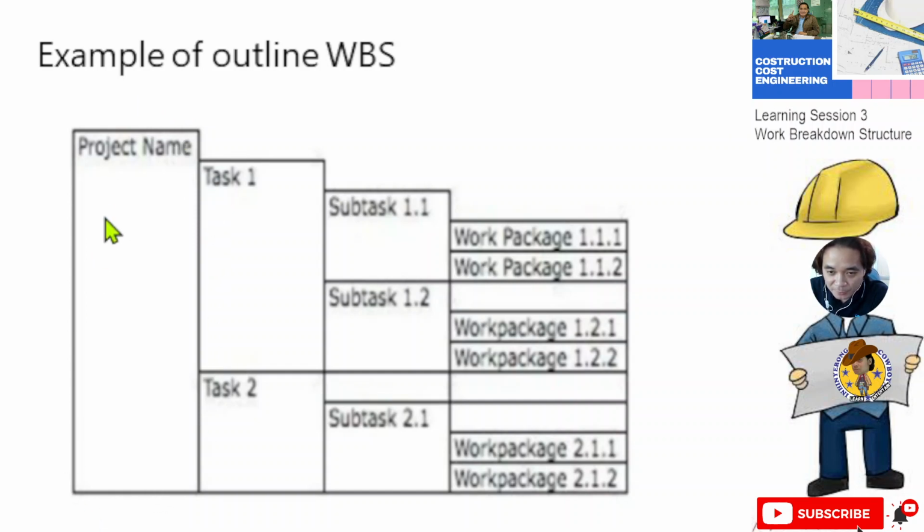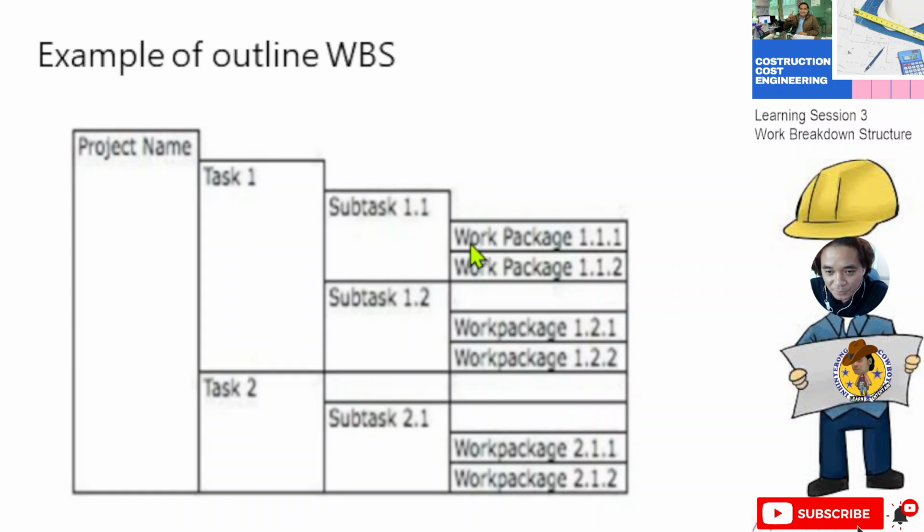So this is your project name. Then the task is divided. For example, your task number one is earthworks. Under earthworks, what are the subtasks or sub-level activities? For example, you have excavation, then backfilling.